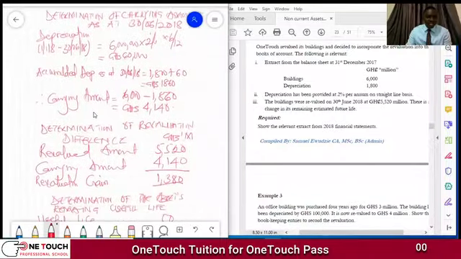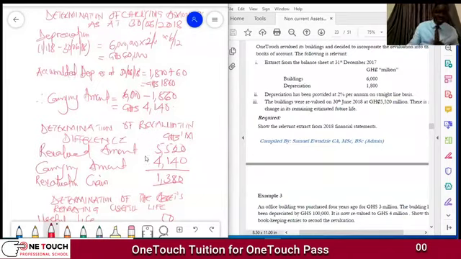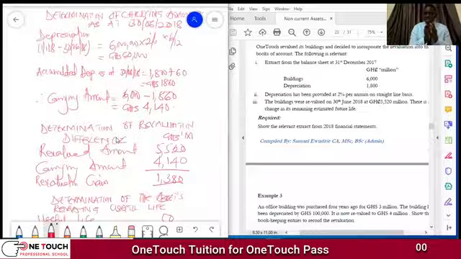We first looked at the carrying amount, just to help us determine the revaluation gain or loss. Because when an asset is revalued and the asset is depreciable, the first thing you have to do is ask what is the carrying amount at the time of revaluation. You need to know. Then you compare the carrying amount with the revalued amount. That will give you the revaluation gain.